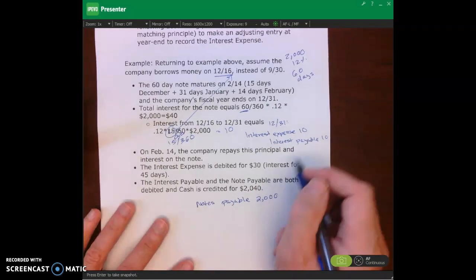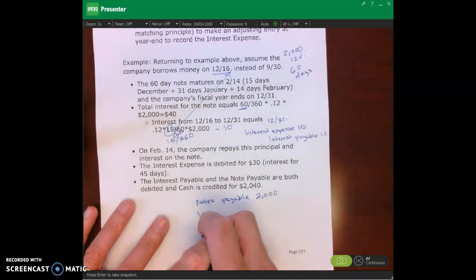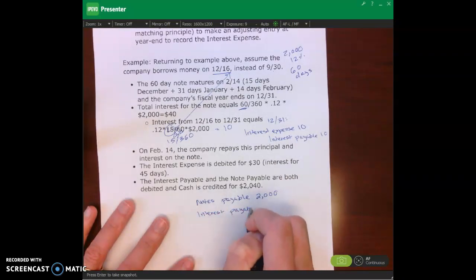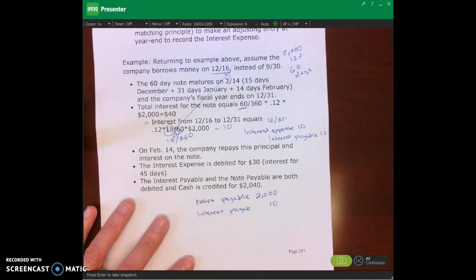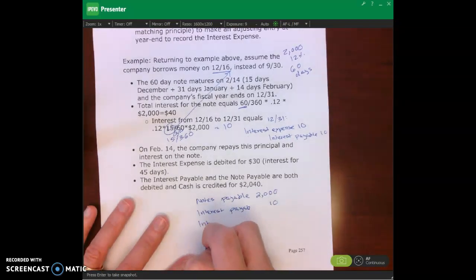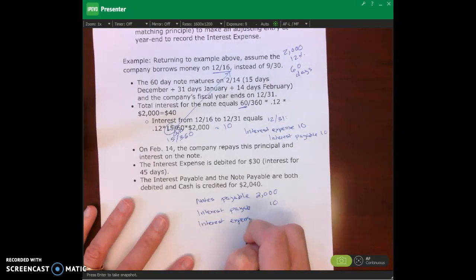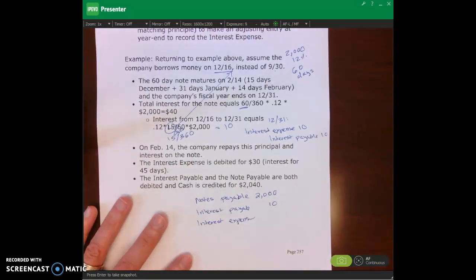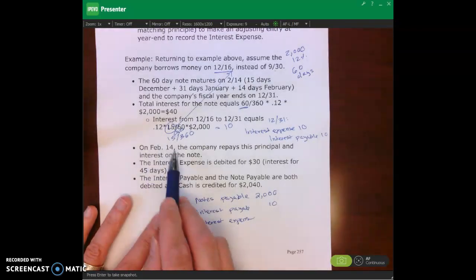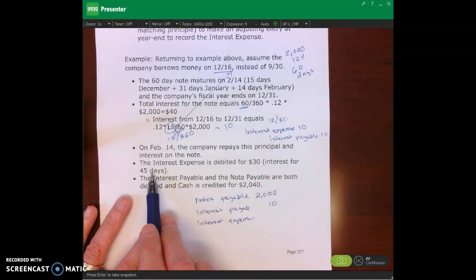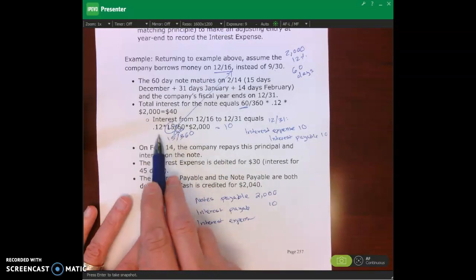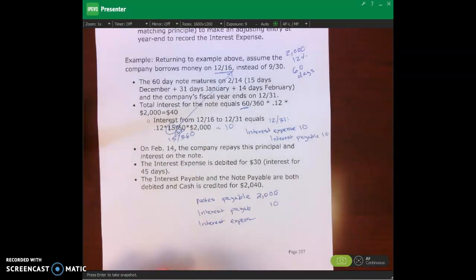And then we're paying off this interest payable, so we'll debit interest payable for our $10. And then we also have interest expense in this accounting period from February 1st until February 14th. That number of days, 45 days, right? So if you took our 2,000 times 45 divided by 360 times 0.12, you would get 30.